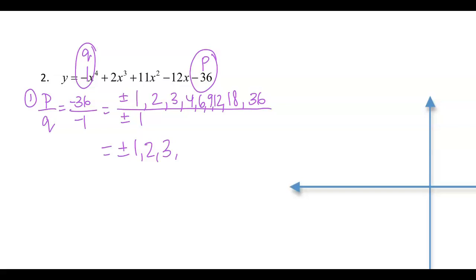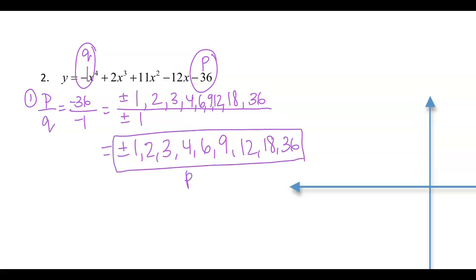We'll do 4 divided by 1, which is 4. 6 divided by 1, which is 6. 9 divided by 1, which is 9. 12 divided by 1, which is 12. 18 divided by 1, which is 18. And then 36 divided by 1, which is 36. All of these are our possible rational zeros.